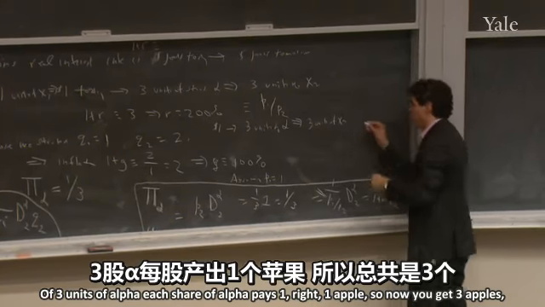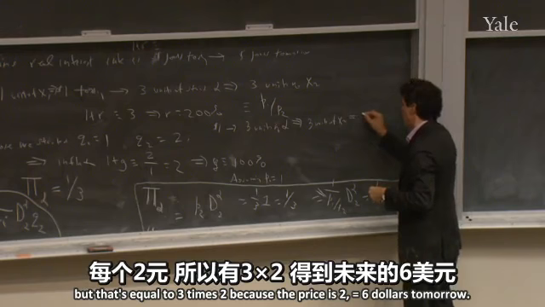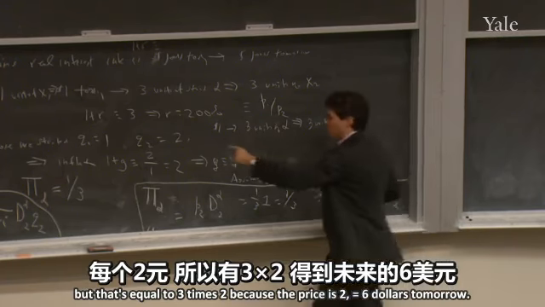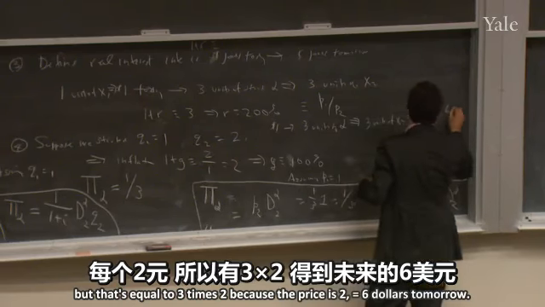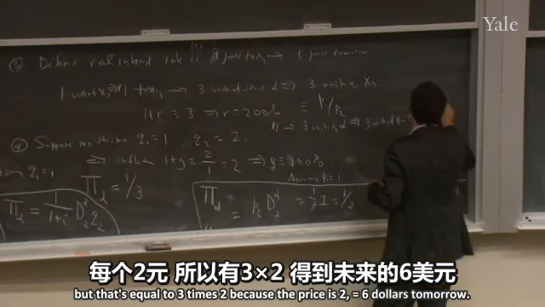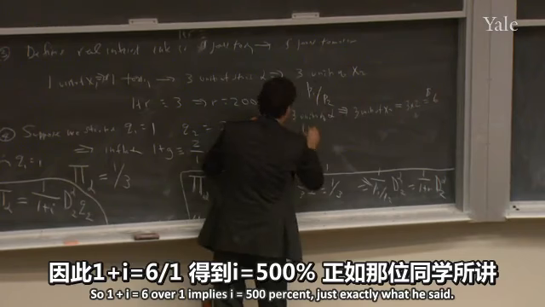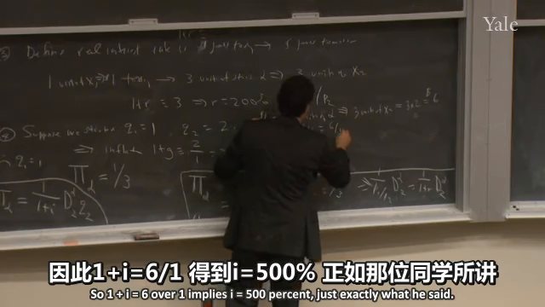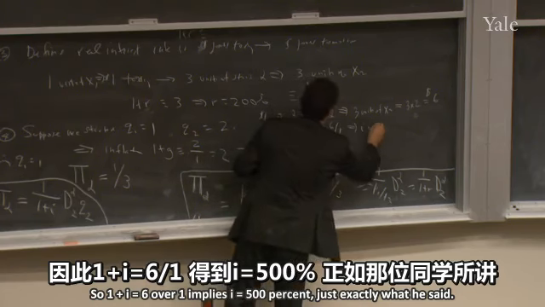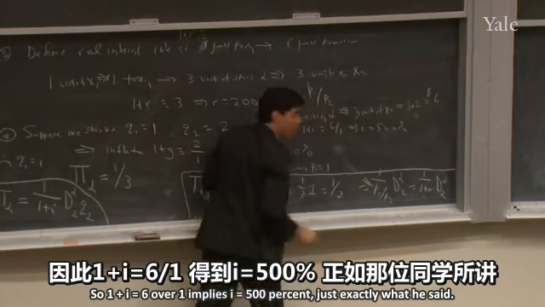So now you get 3 apples, but that's equal to 3 times 2, because the price is 2, equal to $6 tomorrow. So you've turned $1 into $6. So 1 plus I equals 6 over 1 implies I equals 500%. That's exactly what he said.